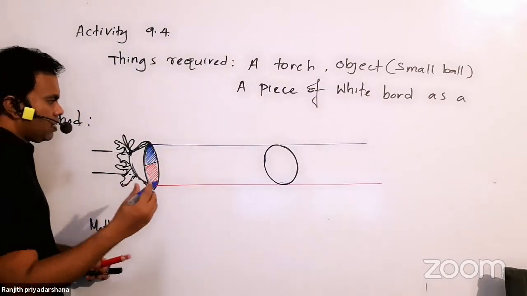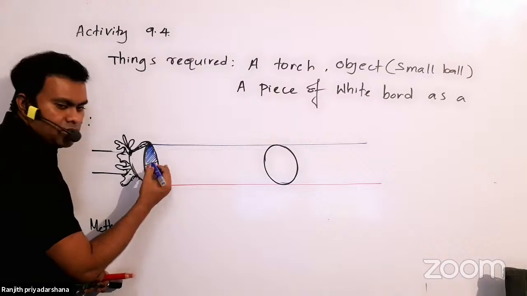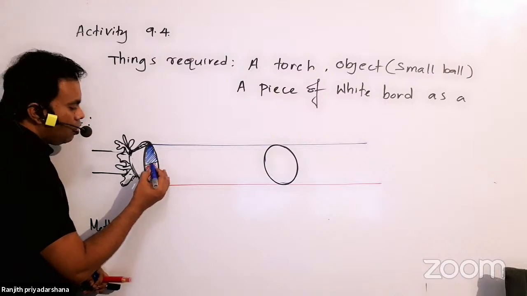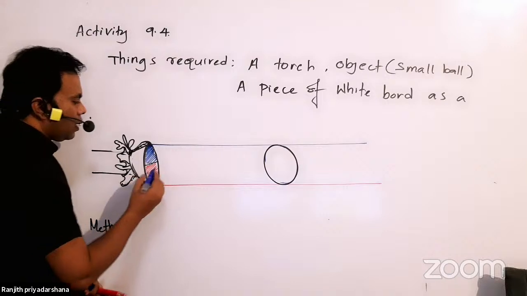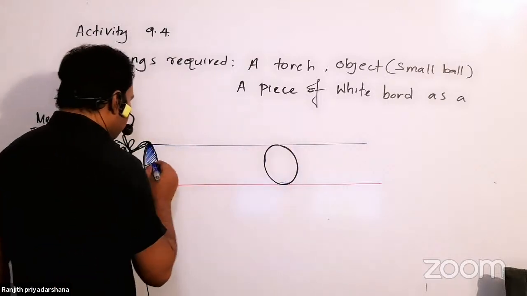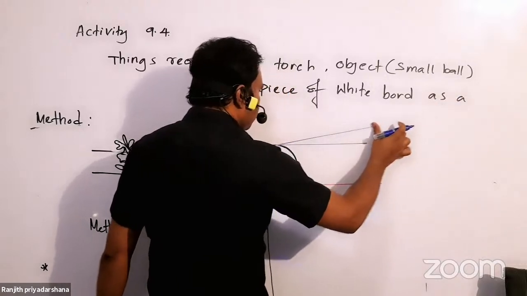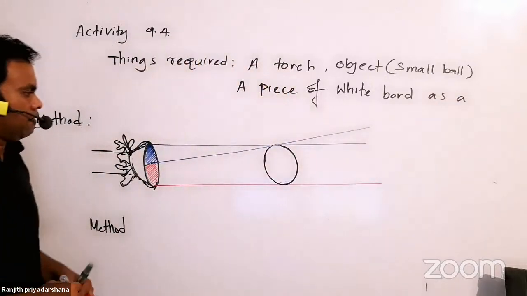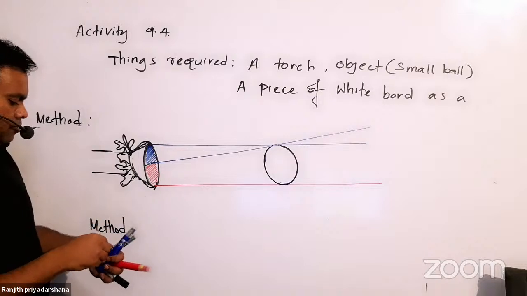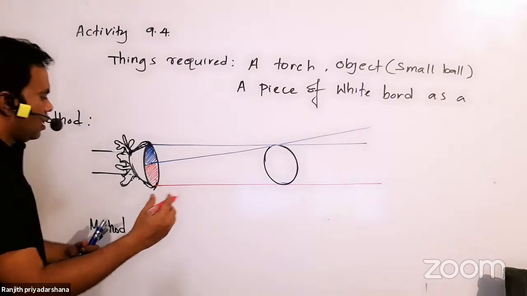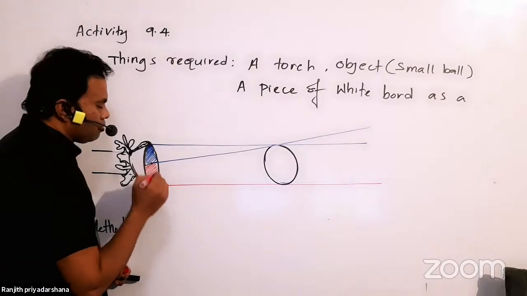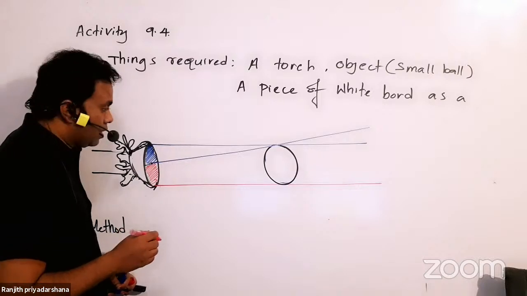Now, look at this. Here's a technique of drawing this. You have to take the lower position of the blue color and it goes through the upper point. Like this. Next, you have to consider the upper point of the red color. Can you understand this?